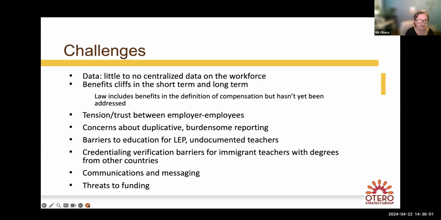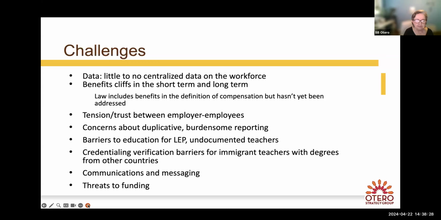I talked about the benefits cliff and making sure that at the very least, in terms of health insurance, we were supporting that. Tension and trust between employers and employees. Lots of work around working with teachers who may not be trusting that their employer will in fact pass the dollars onto their salary. And so working through all of those and educating folks.